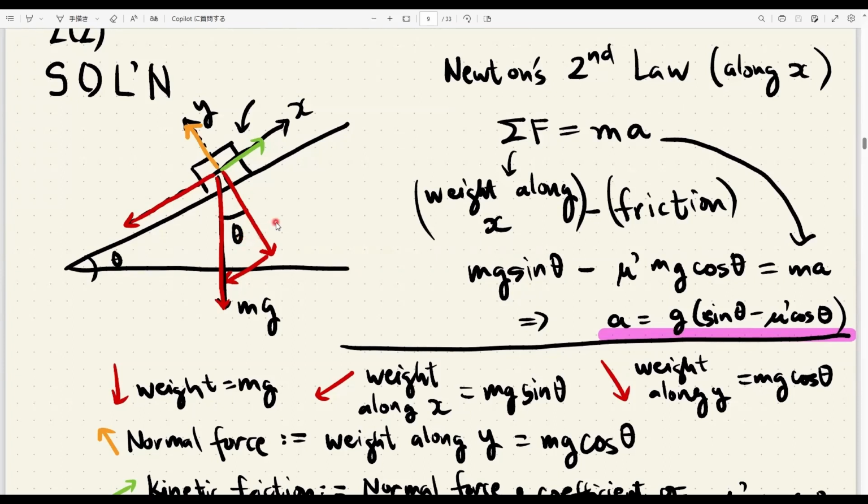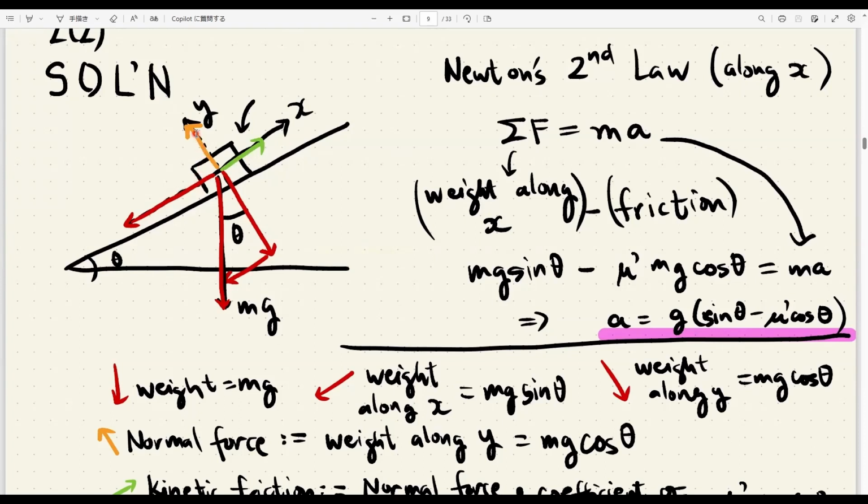Now we are ready to apply Newton's second law, and there are actually two equations we can use here, because we have a y direction and an x direction. But in the y direction, you notice that the block is not really moving. It's just moving along the x direction, along the direction of the ramp.